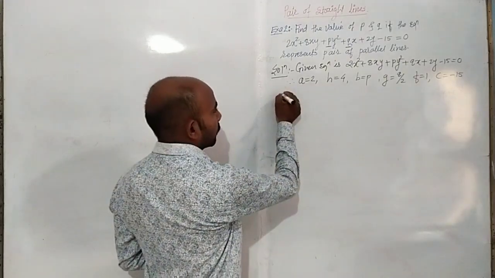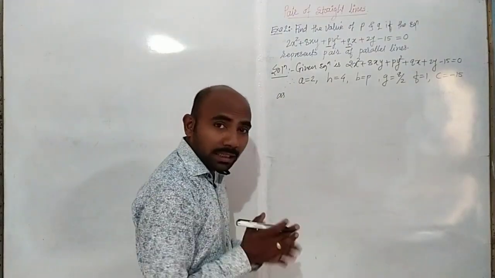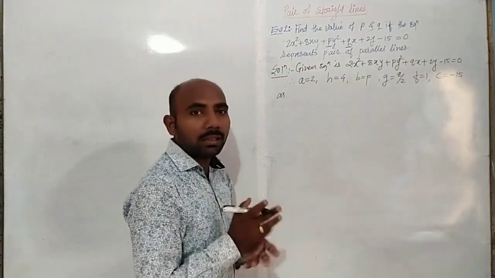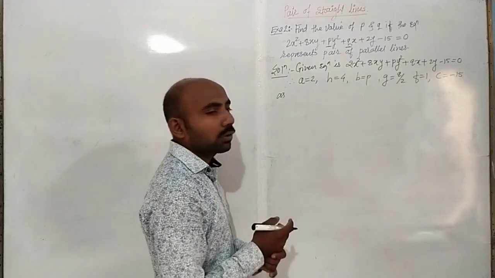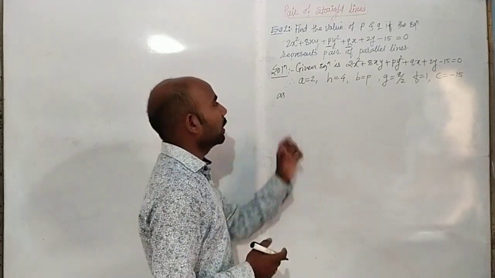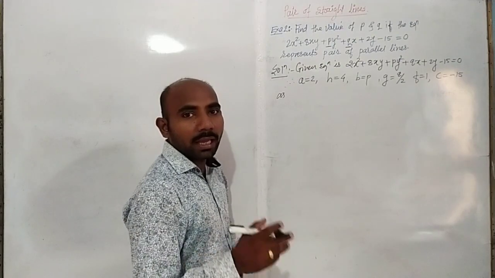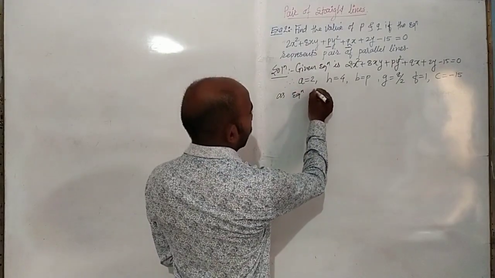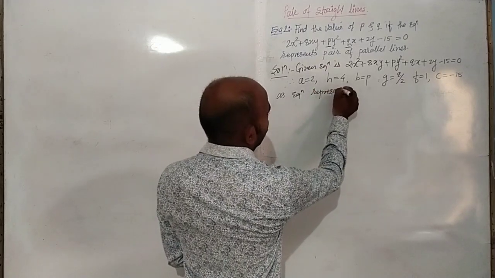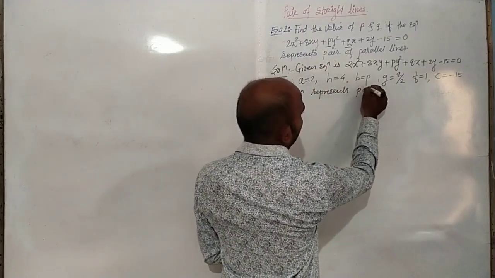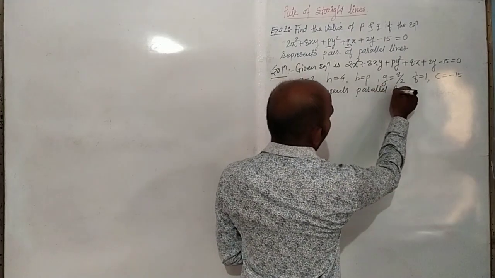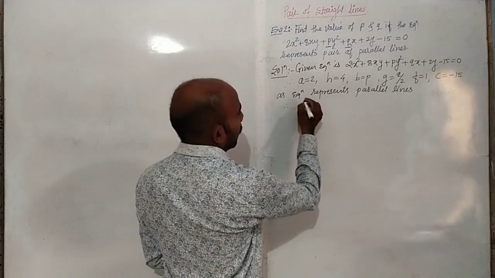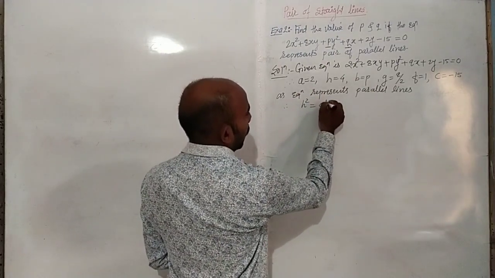Now as the lines represent a pair of parallel lines, we know that the condition is h square equals ab.